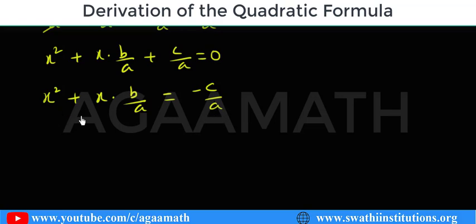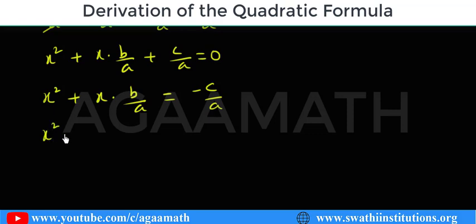Now we have to see that the LHS should be in the form of a square plus 2ab plus b square, right? But here what we have is a square. Imagine that this is a square, plus 2 we don't have here. So I just multiply and divide the second term with 2.